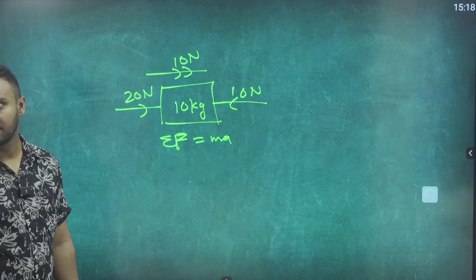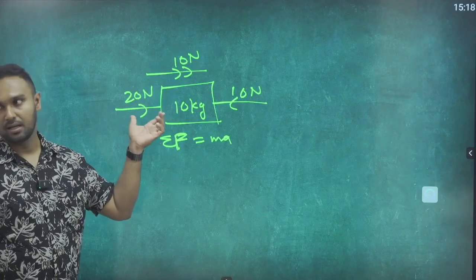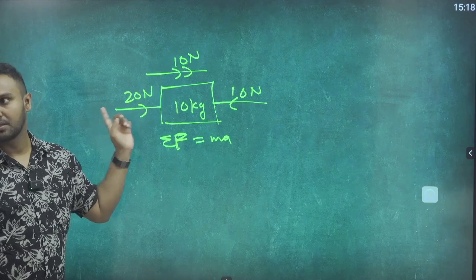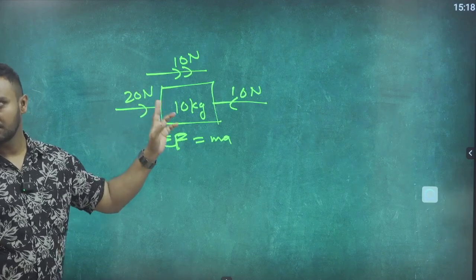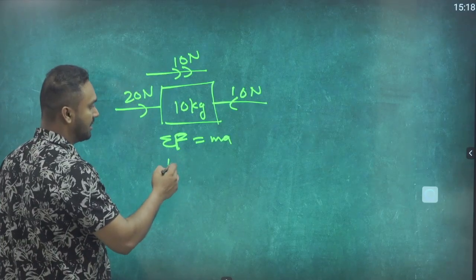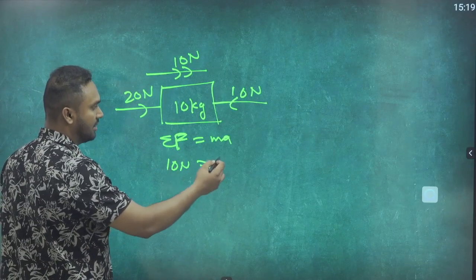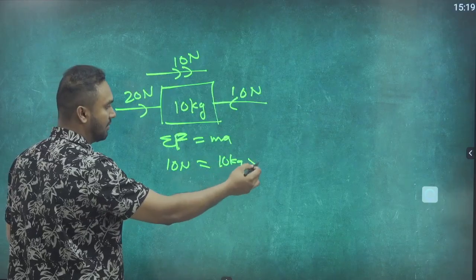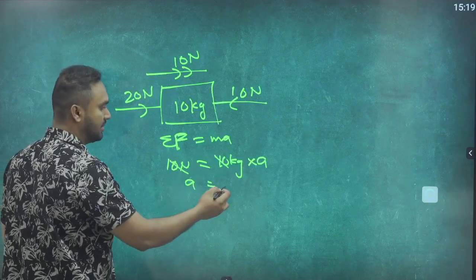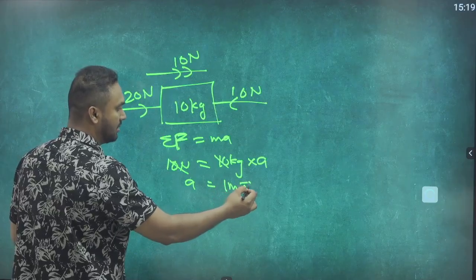That is the single force that we use instead of the few other forces acting on the same object, right? So the resultant force is 10 newtons, the mass is 10 kilograms, and we have to find the acceleration. So the acceleration should be equal to 1 m/s squared here.